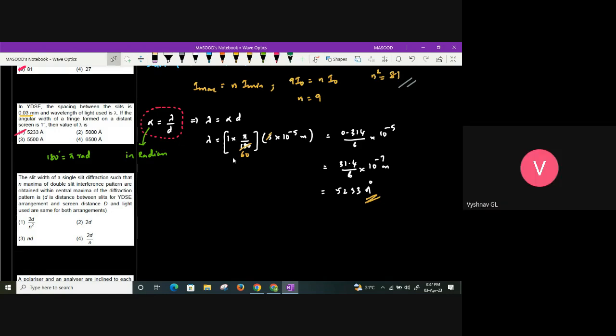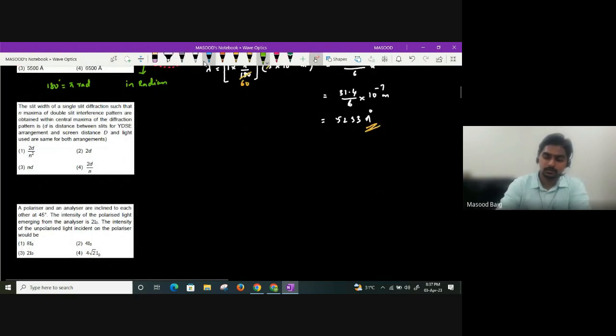Next question. The slit width of a single slit diffraction such that n maxima of double slit experiment patterns are obtained within the central maxima of the diffraction pattern. Please understand. What is the width of the central maxima in diffraction?